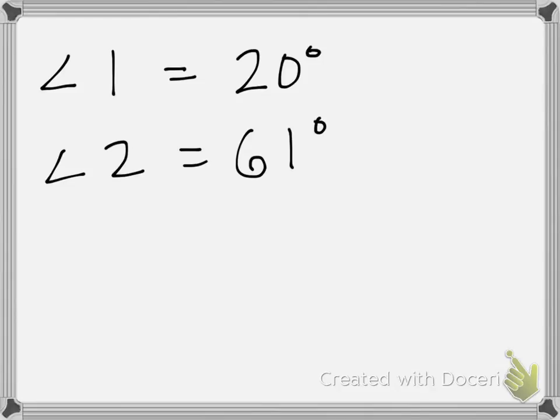Alright, and I asked you, angle 1 and angle 2, are they supplementary or complementary? Well, 20 and 61 only add up to 81, so therefore they would be neither. So just because we're talking about complementary angles and supplementary angles, realize there may be some in there to trick you.